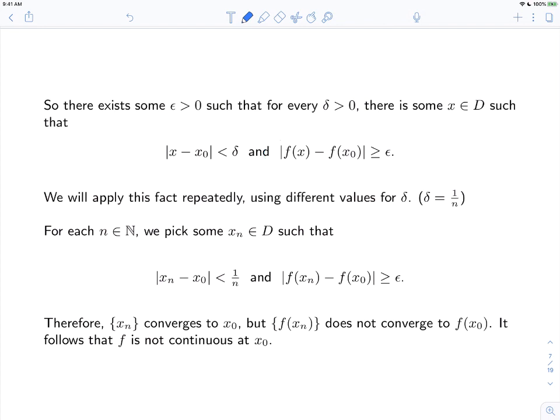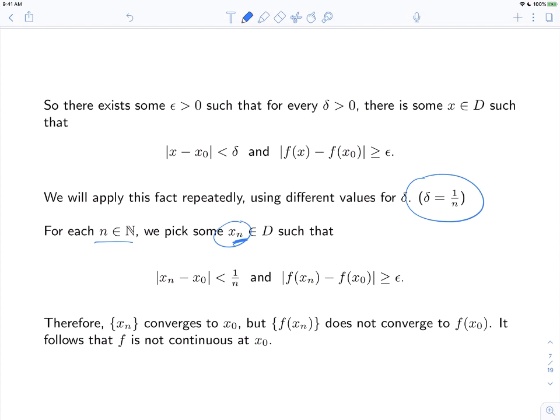All right, we'll apply this fact repeatedly using different values for delta, because the statement is that this is true for every delta. So we're going to use lots of different deltas. In fact, we're going to use delta equals 1 over n for every n in the natural numbers. For each n, we're going to have an x that corresponds to that delta. So we look at delta equals 1 over n, and for that delta there's going to be an x, which we label x_n to indicate that it's attached to that particular delta.